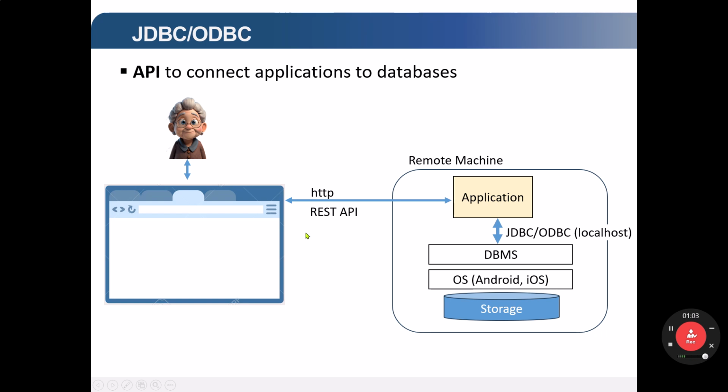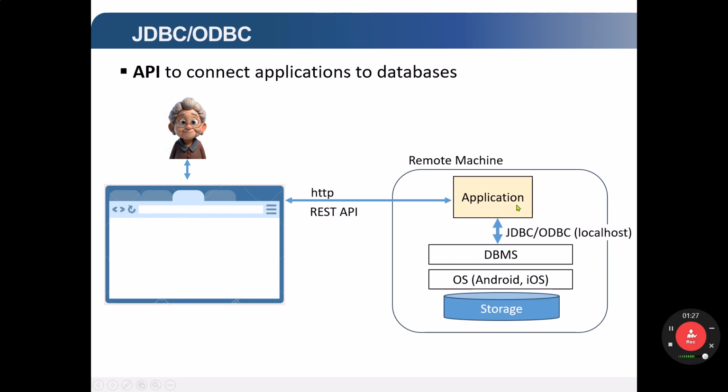Usually people use a web browser to use a database application, and web-based applications usually use the HTTP protocol or REST API to connect to a remote process. Applications usually run on a remote machine like a cloud service.